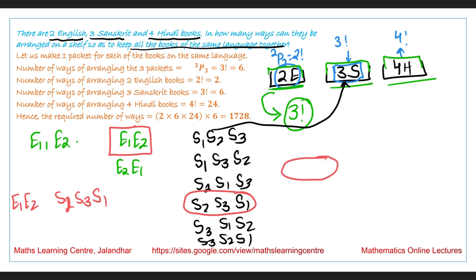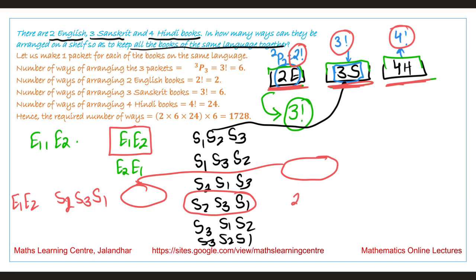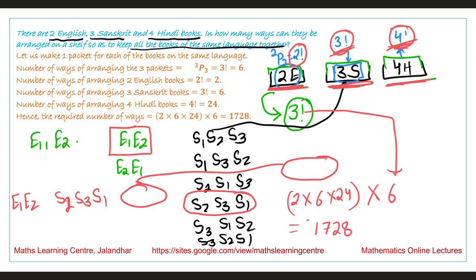So we can arrange these books among themselves, and then we arrange these packets of books. So the total number of ways is 2 factorial, which is 2, into 3 factorial, which is 6, into 4 factorial, which is 24, into the value of 3 factorial, which is 6. So it is 1728 ways.